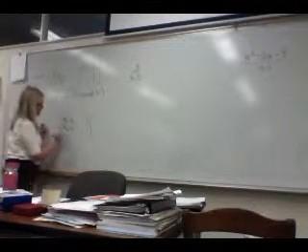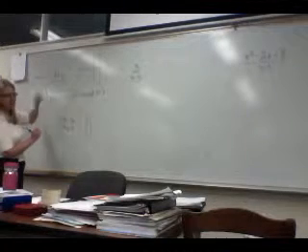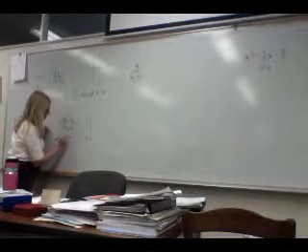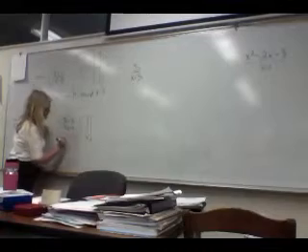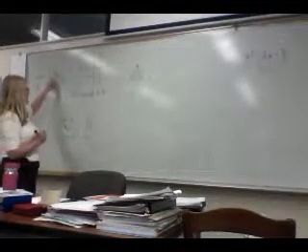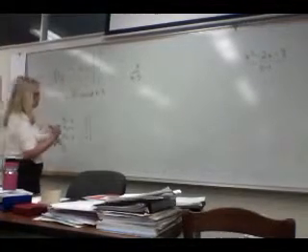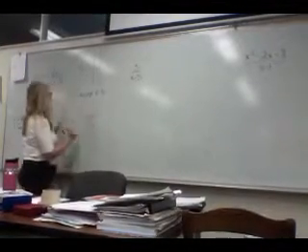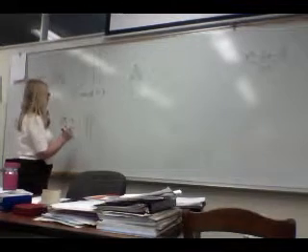0 plus 1 over 0 minus 3, negative 3. We can go to this one. 4 plus 1 over 4 minus 3 is 5.